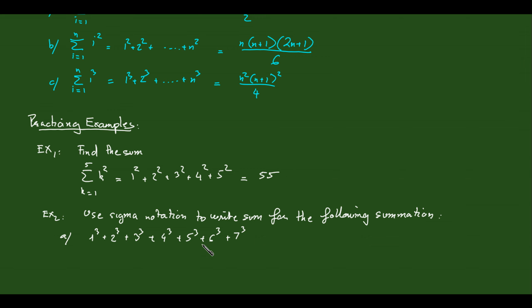You see that there are 7 terms and all of them are raised to the third power. So I can use sigma notation as i from 1 to 7, because there are 7 terms, of i to the third power.